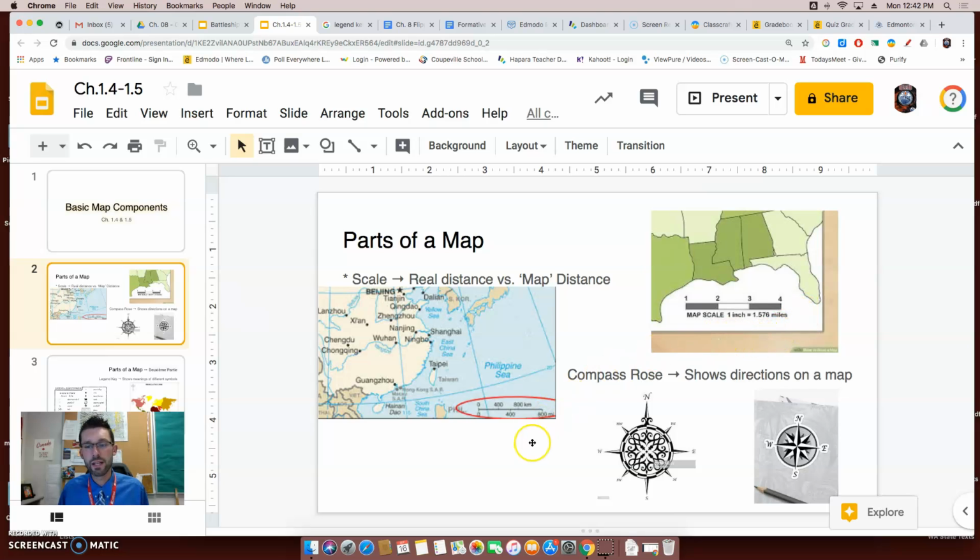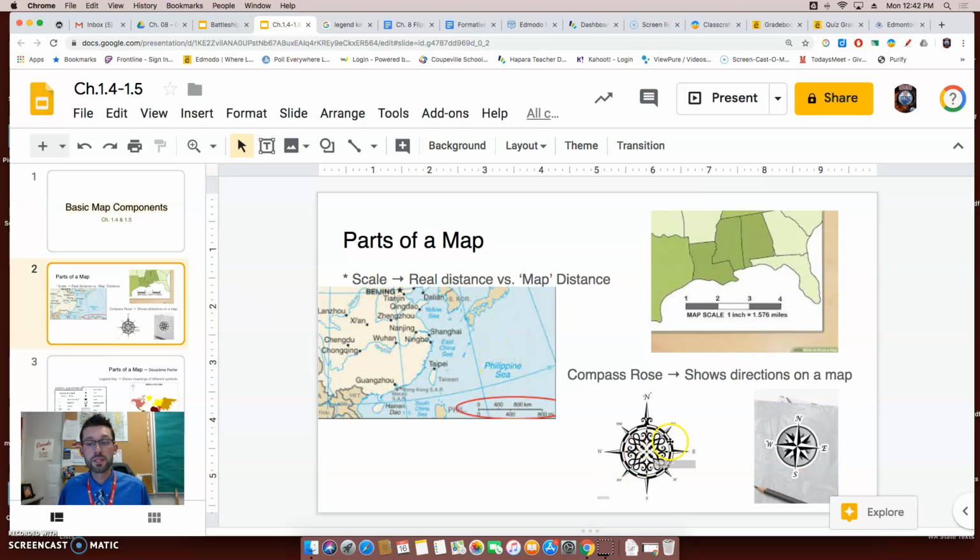The one similarity that you might see in a lot of scales is that one side of the scale has numbers in kilometers, whereas the other side is in miles. What the scale does is it shows us the real distance of something versus the distance on a map. Now you'll have some practice with this in class coming up tomorrow or the day after.